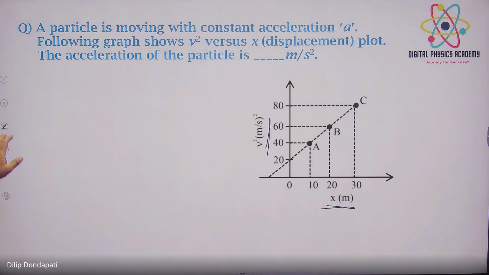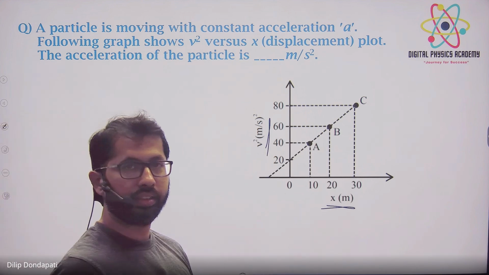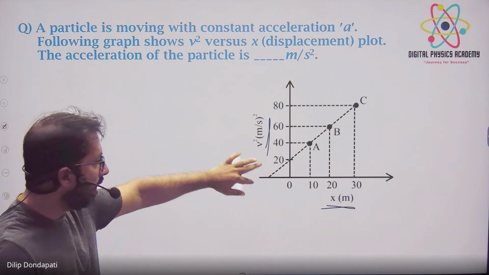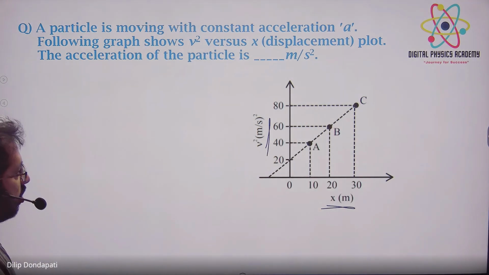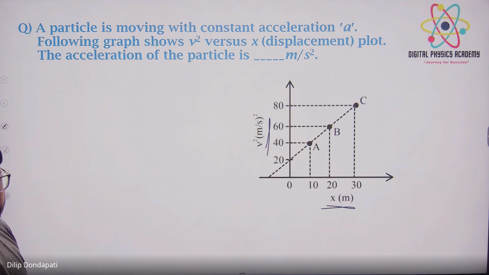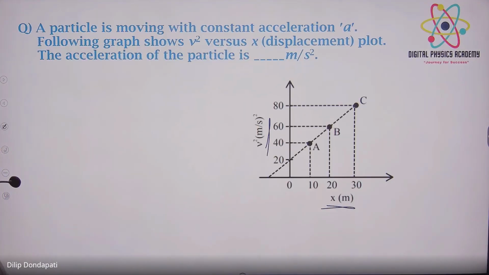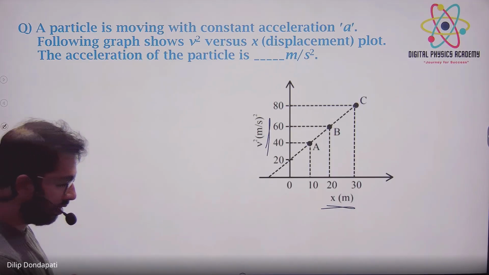No, the slope directly gives 2a, that's it. He's saying to find the acceleration of the particle. So find the slope.